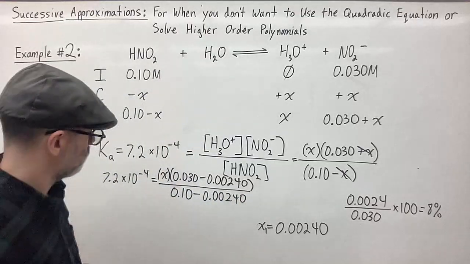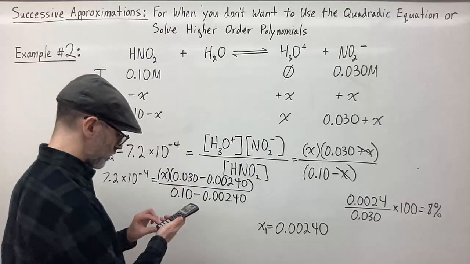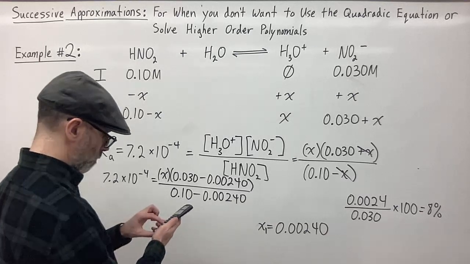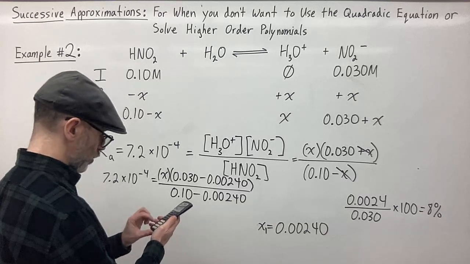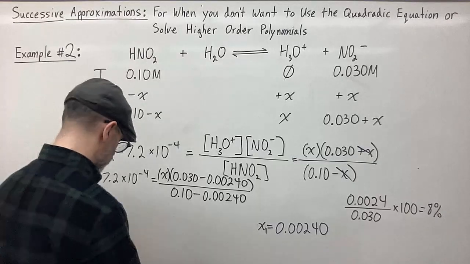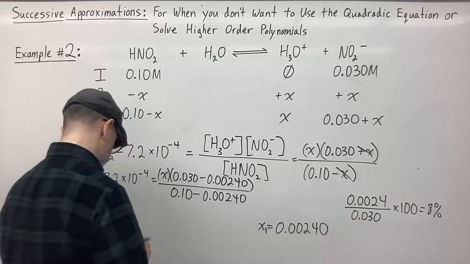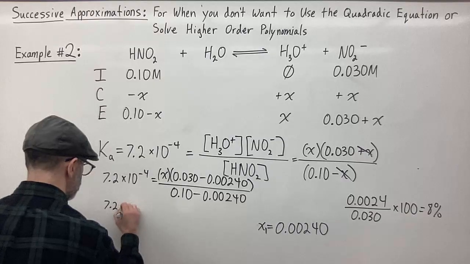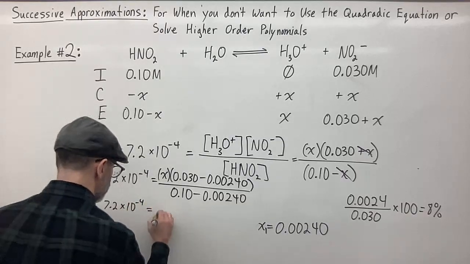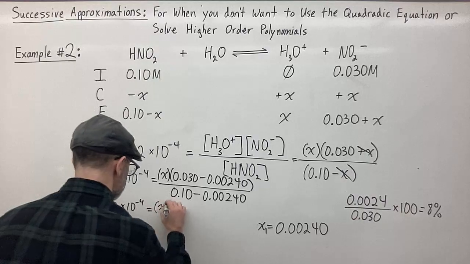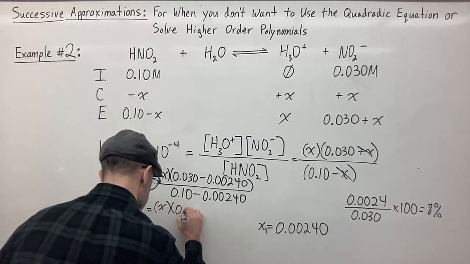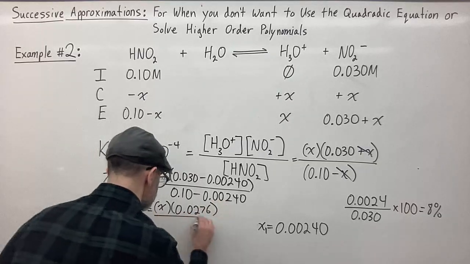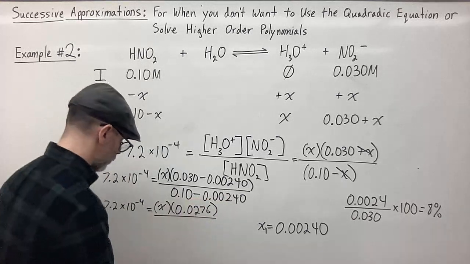So we'll subtract this. 0.030 minus 0.00240 equals 0.0276. So 7.2 times 10 to the negative 4 is equal to x times 0.0276 divided by, and then we subtract these two.